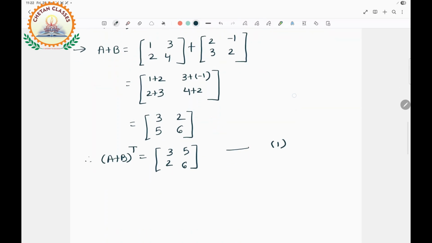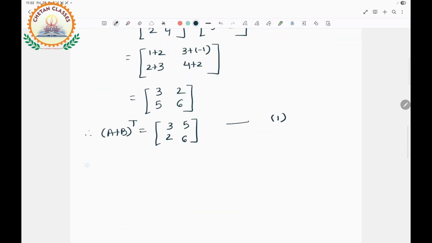Now A transpose plus B transpose. So A transpose, its row becomes column, that is 1, 3, 2, 4 and B transpose is 2, minus 1, 3, 2. Now add this.